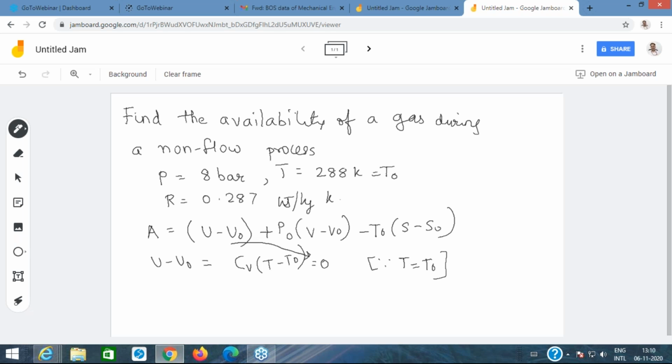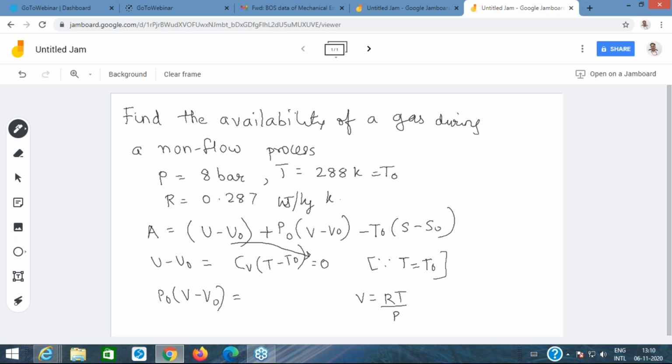How to find P naught (V minus V naught)? We need to use the gas law that V is equal to RT upon P per unit mass.